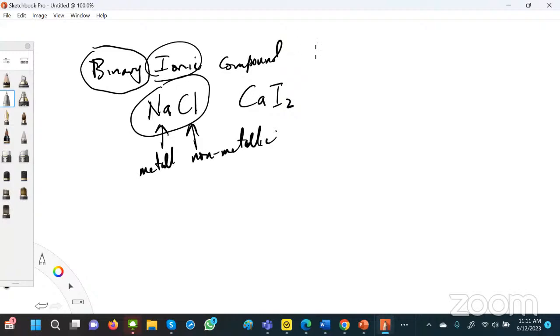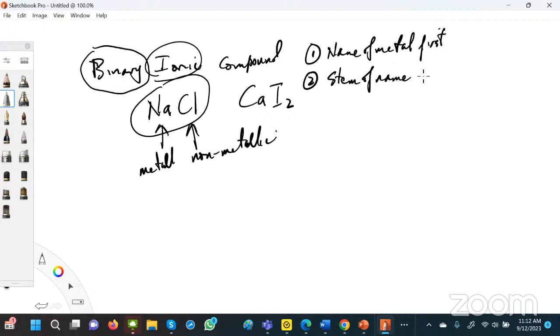The first rule, I'm just going to go through briefly because it was already covered in the video lectures, is that the name of the metal comes first. And then the next rule is that the stem of the name of a nonmetal comes next.